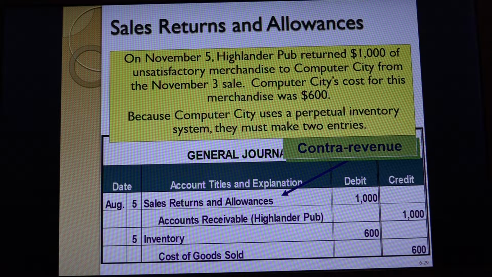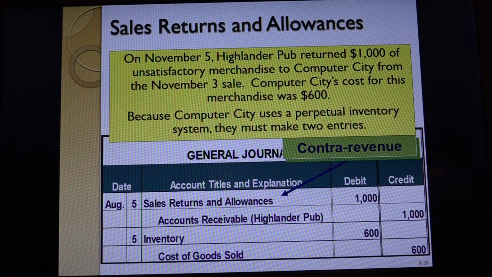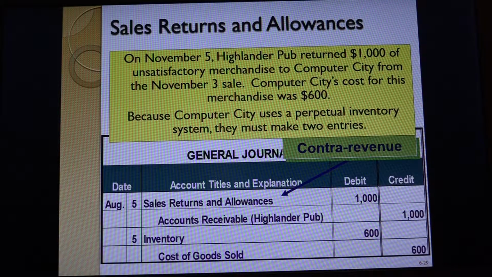And of course, they're going to credit the Highlander Pub subsidiary accounts receivable account for $1,000, and then they have to put it back in inventory. And so they debit inventory $600 and credit cost of goods sold $600.